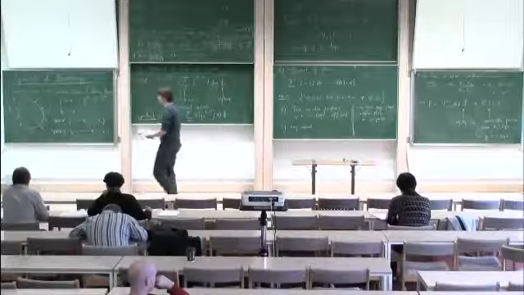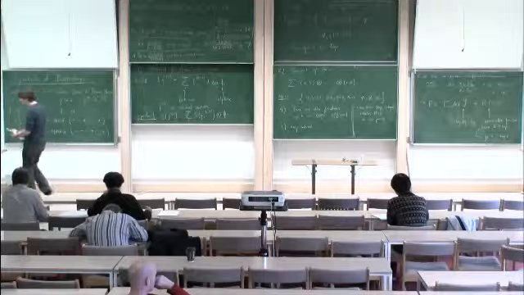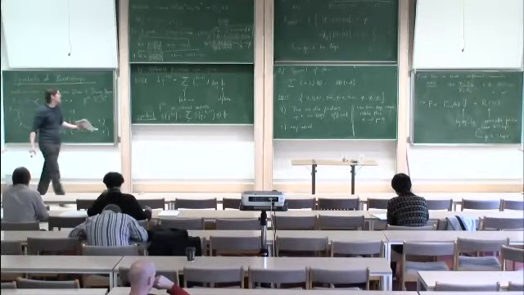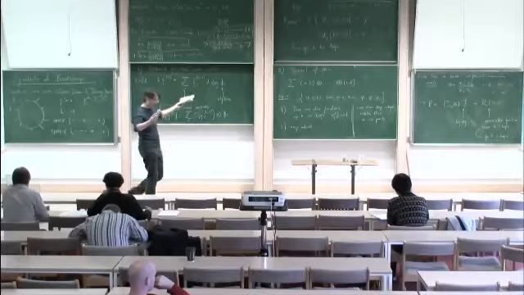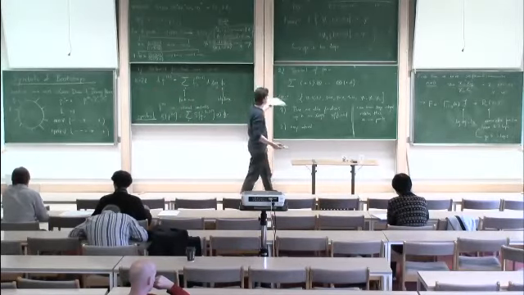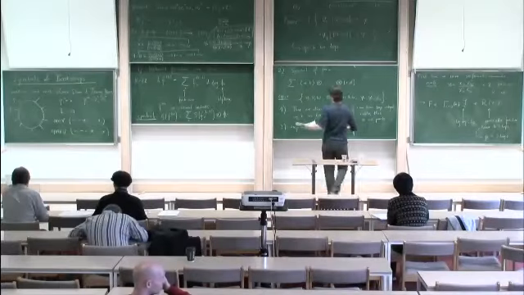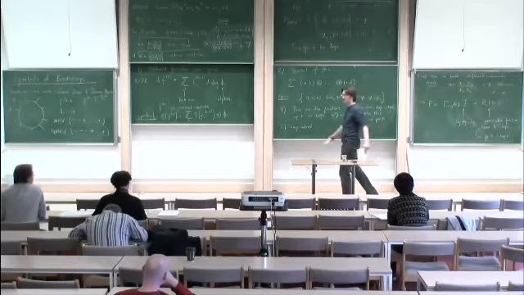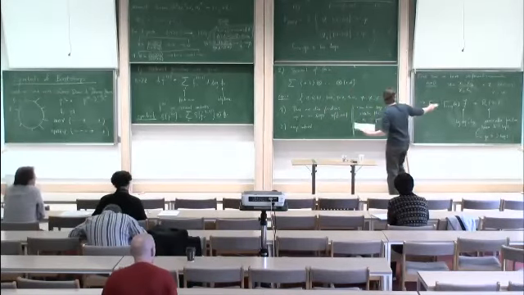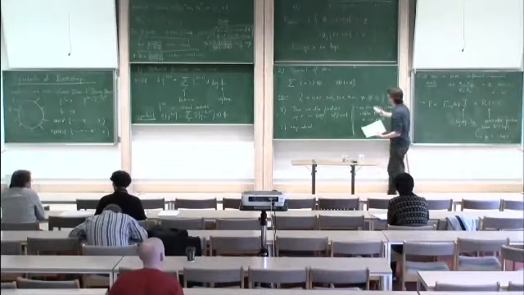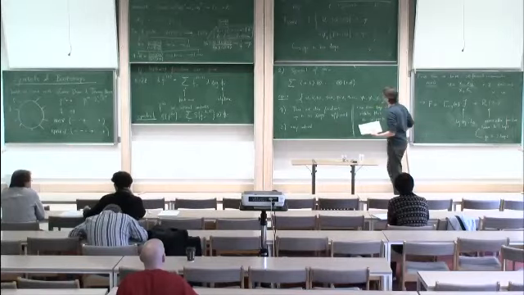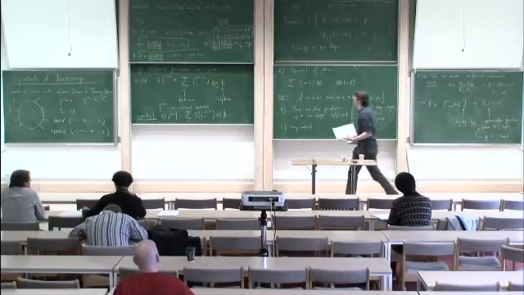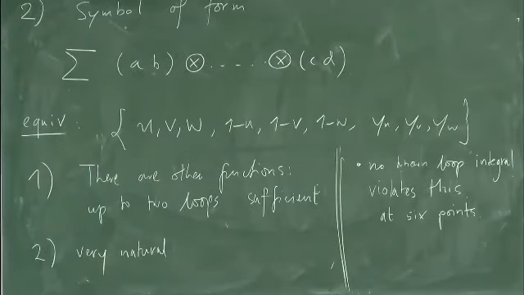So then what do we do? How do we proceed practically? We have some idea of the class of functions that we want to write down. We've got this notion of the symbol. So we just write down the most general symbol that you can possibly imagine of a given degree, say degree 6 for the 3-loop remainder function, made up of these letters. And then we start thinking about what constraints it has to satisfy.